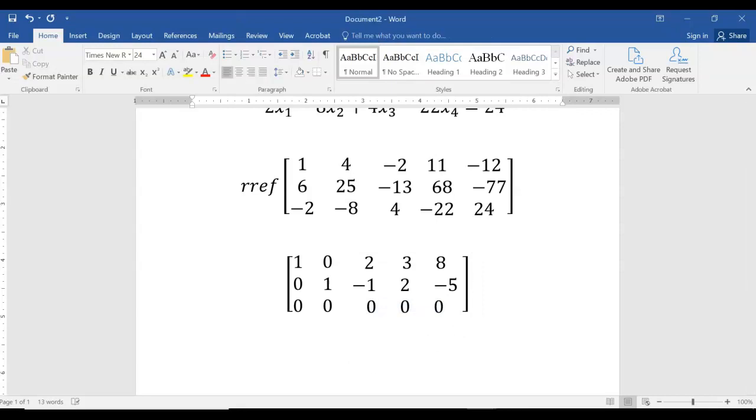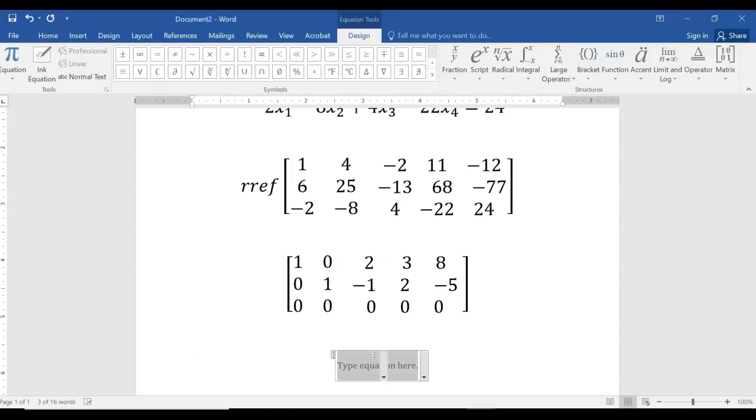Now, if you were going to create the general solution to this, let me write this down first. x1 plus 2x3 plus 3x4 is equal to 8. Don't forget that in this situation, this was the augmented matrix.